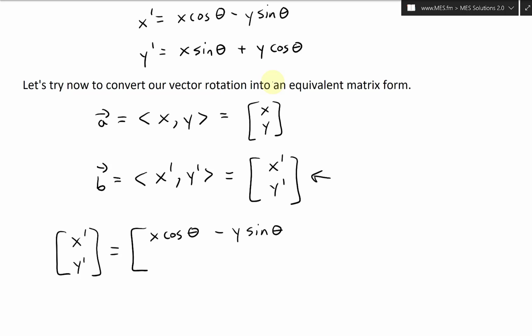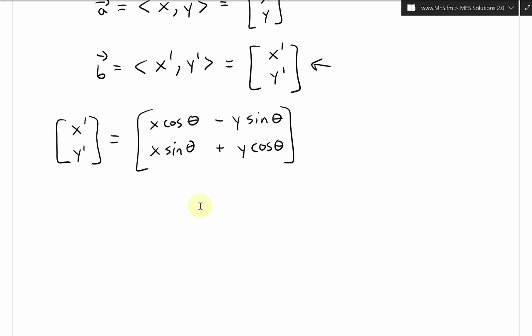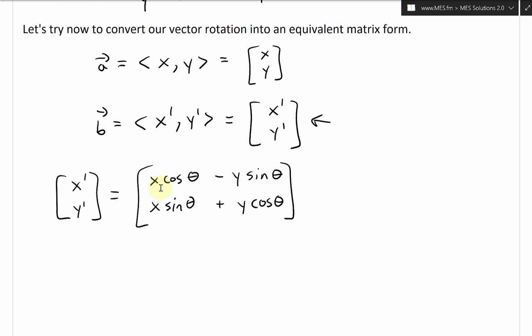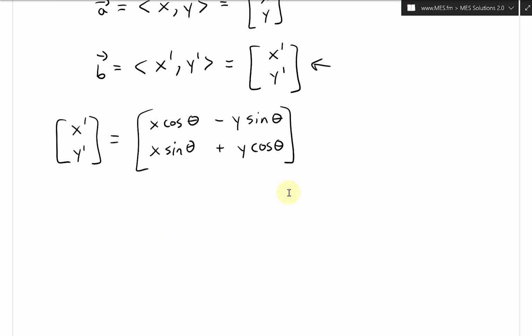And then the next one, for y prime, is x sine theta plus y cosine theta. All right, and now I'm going to put the x on the other side, so we'll have the cosines in the front. I'm just going to switch them over.